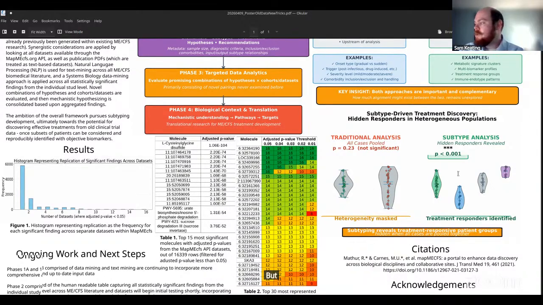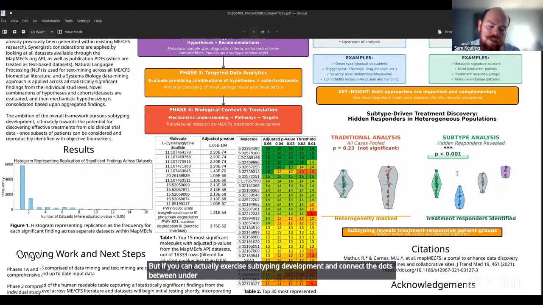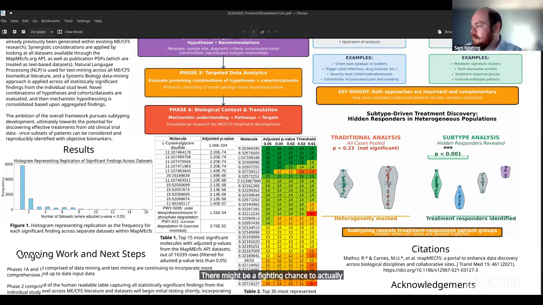But if you can actually exercise subtyping development and connect the dots between underlying mechanisms and objective biomarkers and ultimately discern responders versus non-responders, there might be a fighting chance to actually find significantly effective treatments where we have effective p-values between these comparison groups, not only between cases and controls, but specifically pockets of insights from subsets of heterogeneous cohorts or populations.